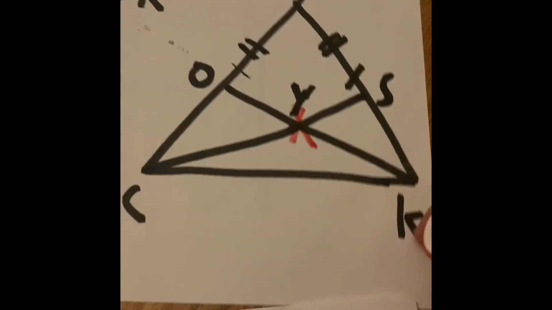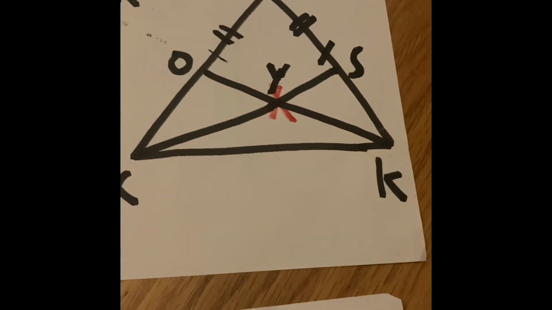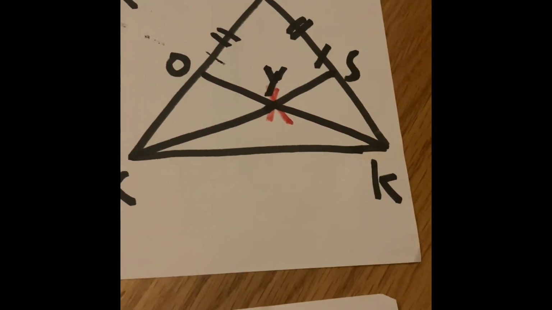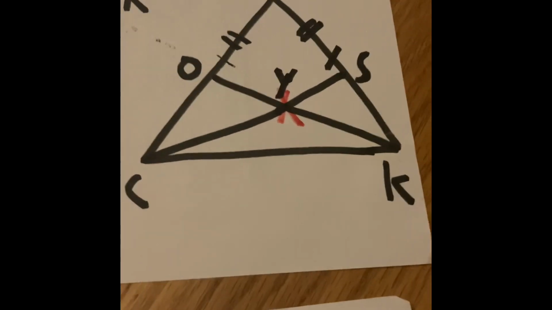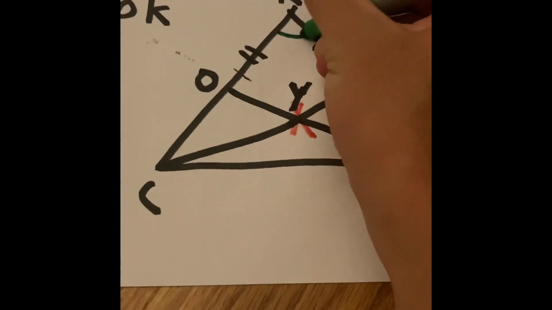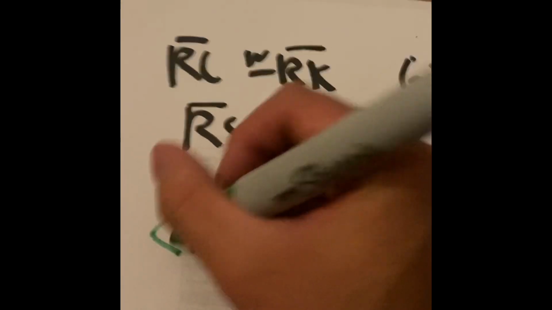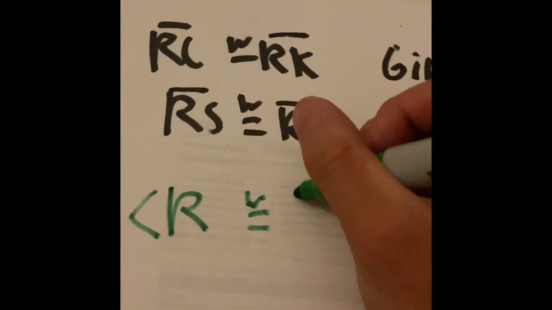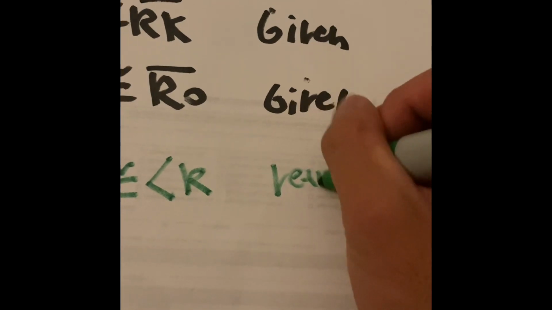That covers basically the entire triangle. But we could also say that there are two triangles that are on the same angle R. So we're going to say that angle R is congruent to itself, angle R. And the reason why is reflexive.